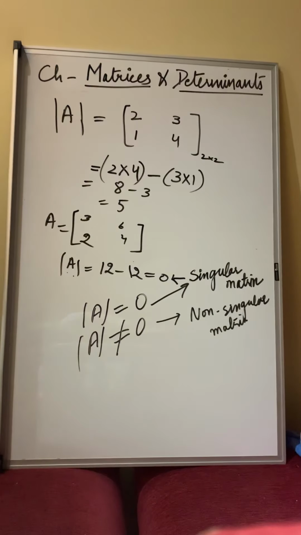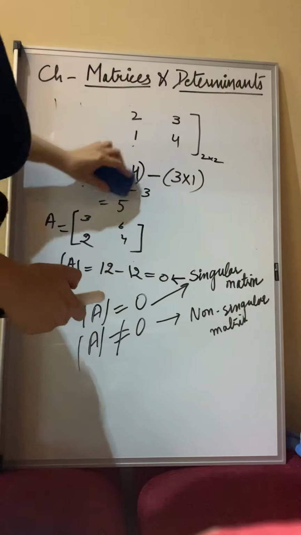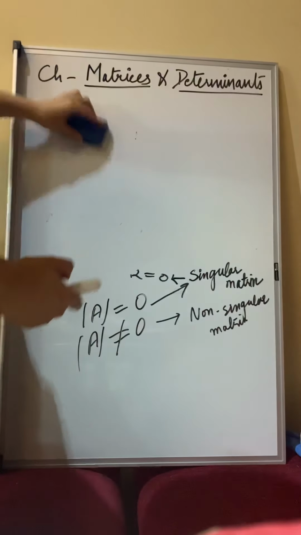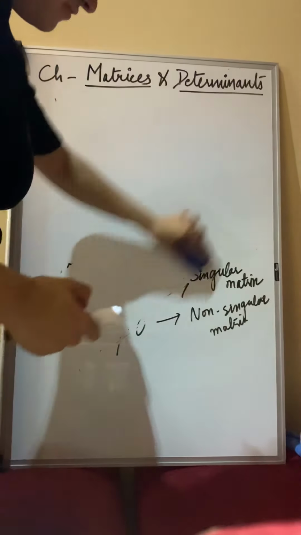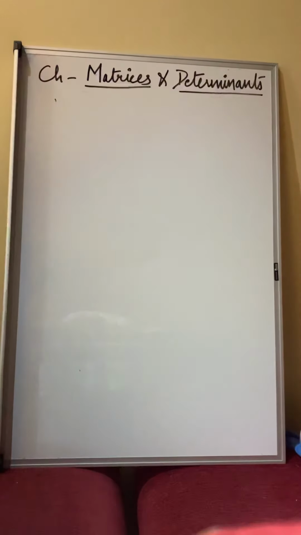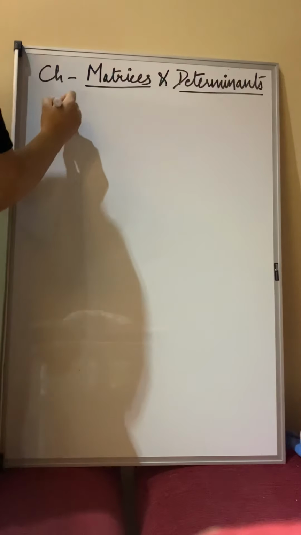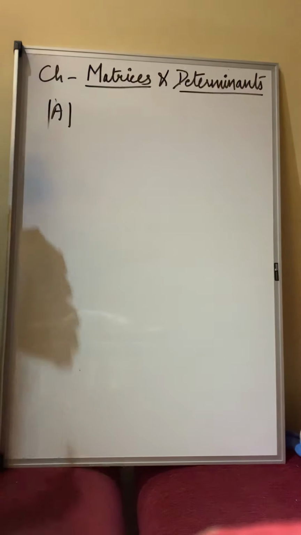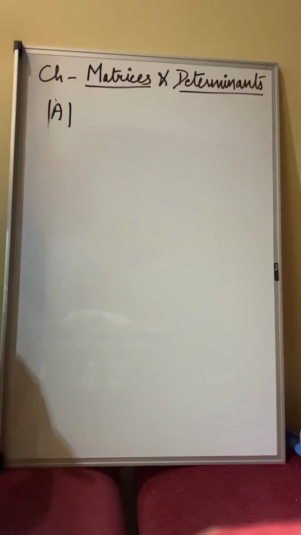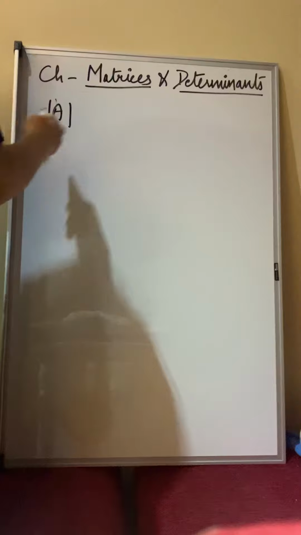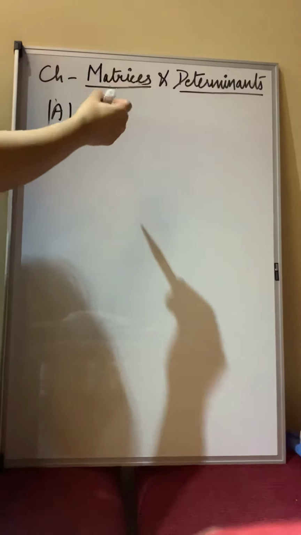Next, we calculate the value of the determinant having an order of 3:3.